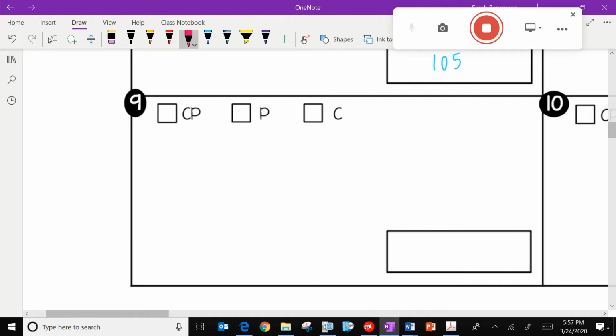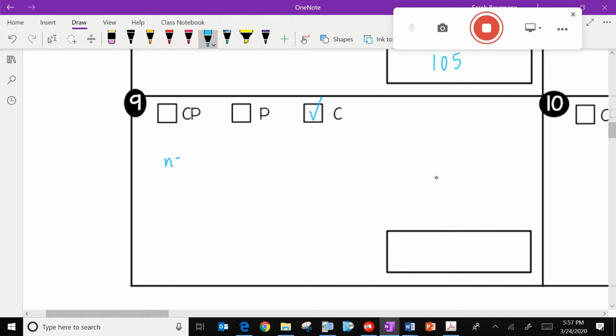Okay, number 9, there are 12 Girl Scout cookies that are different types. How many ways can she choose 3 different kinds to buy? So choose is a very important key word in this problem. Choose tells us the order doesn't really matter. We're doing a combination.